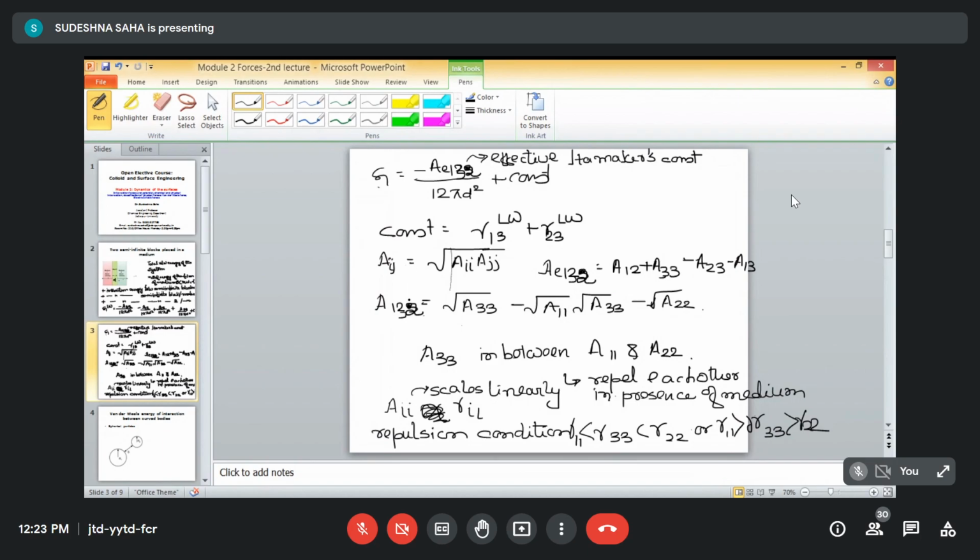So in order that, from this equation, whether the Hamaker constant is positive or negative, that means if it is positive, then A33 has to be in between A11 and A22, isn't it? Yes, yes, ma'am. So that's what is written over here.